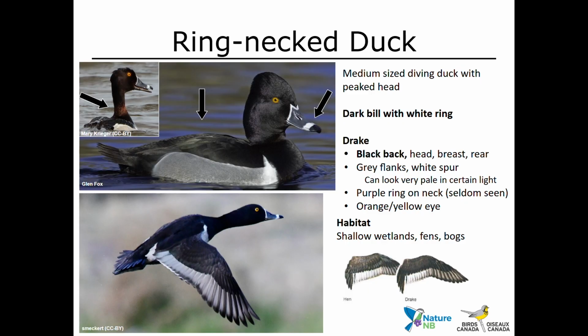You can find ringneck ducks mostly in shallow wetlands, fens, and bogs. And in terms of their wings, they don't really have a speculum, but they do have this line of gray on the bottom edge of the wing that is, again, a good identifying feature.